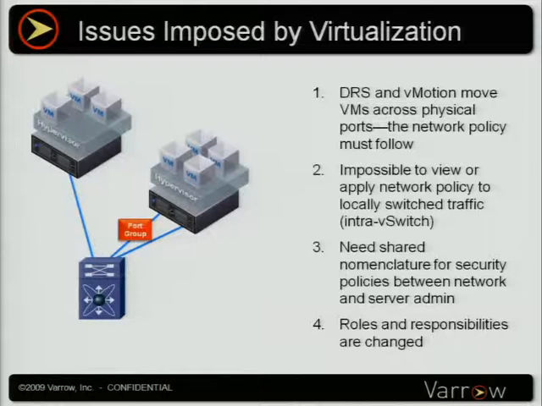It's very hard to apply network policies to locally switched traffic, and by that I mean if you have two VMs, maybe a back-end database and a front-end or mid-tier application server on the same ESX or ESXi host, how do you apply policies to that? They never traverse a separate physical switch, so you really can't apply anything with the standard vSphere switching. You don't really have shared nomenclature for security policies and server administration. The network team is used to doing things in their language and their method.